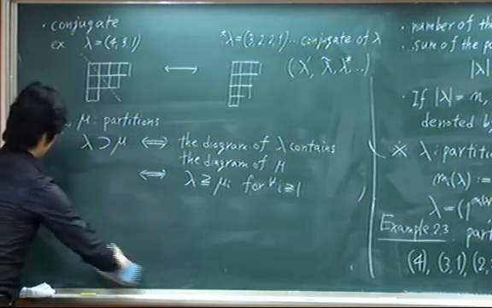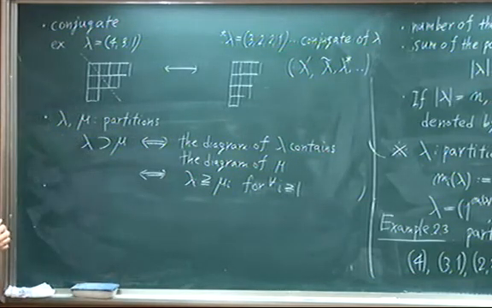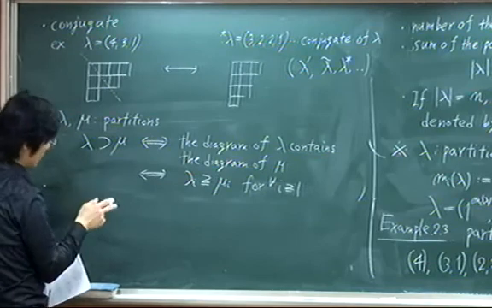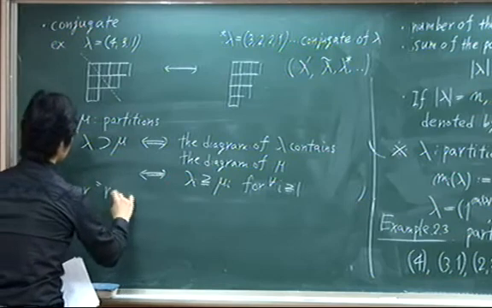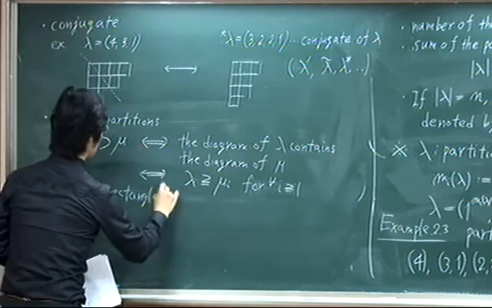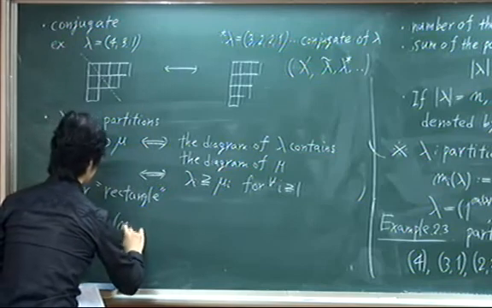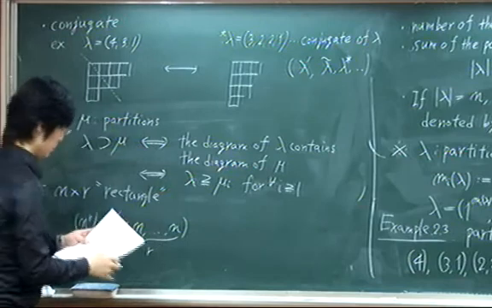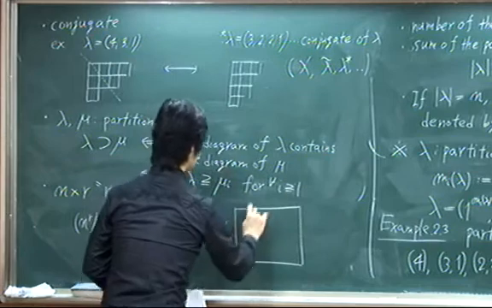Next, when we deal with the complex Grassmannian, we use a diagram contained in a rectangle, the r times (n minus r) rectangle. The rectangle is the partition whose Young diagram is just the rectangle.